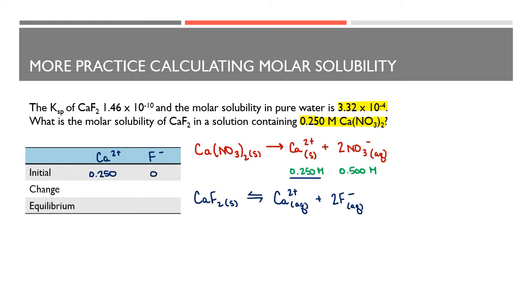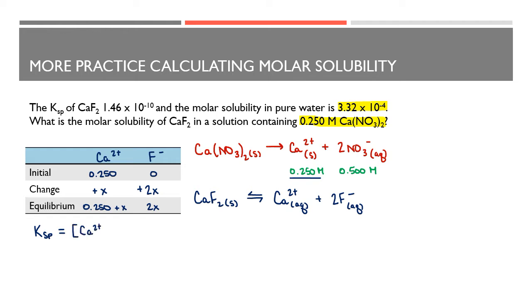We don't have any fluoride initially. So the change is going to be plus X for the calcium and plus 2X for the fluoride. And so for the calcium, we have an equilibrium concentration of 0.250 plus X, and for the fluoride it is 2X.